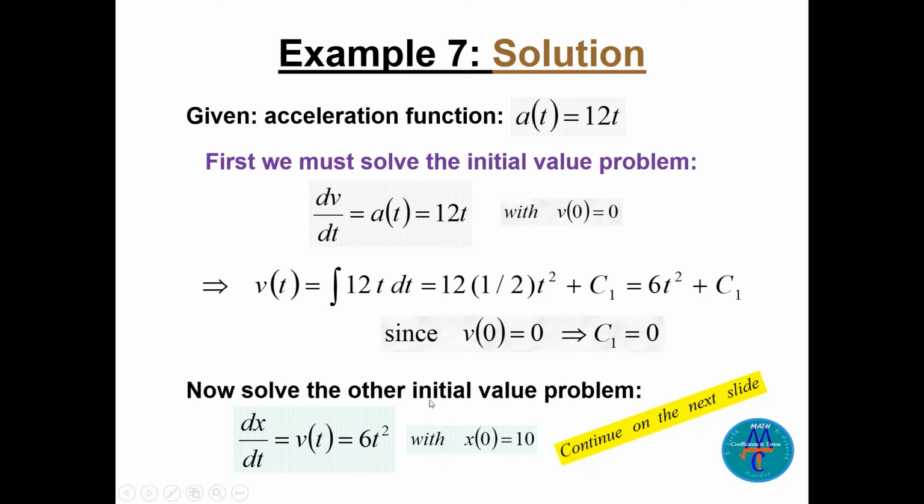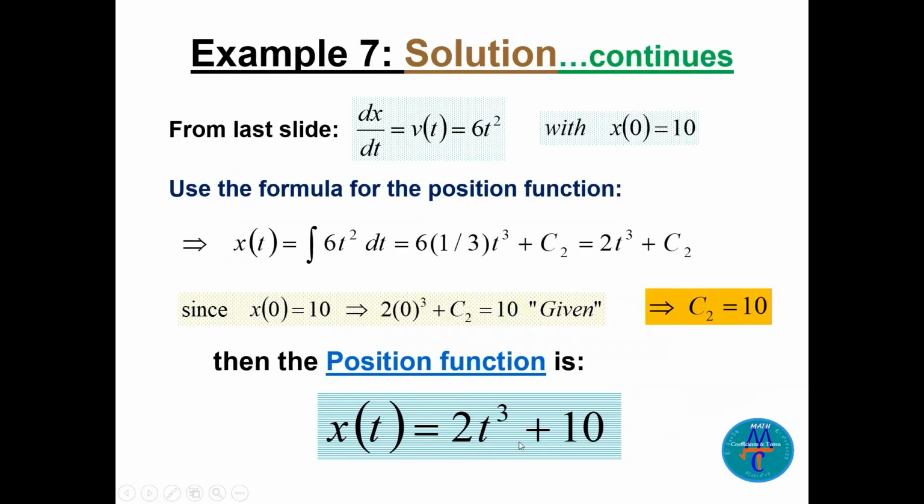Now we have another initial value problem, because we need the position function. The derivative of the position function is v, the velocity, and v is already 6t squared. But x of 0 is 10. It was given. So we can integrate again to get the position function, x of t.